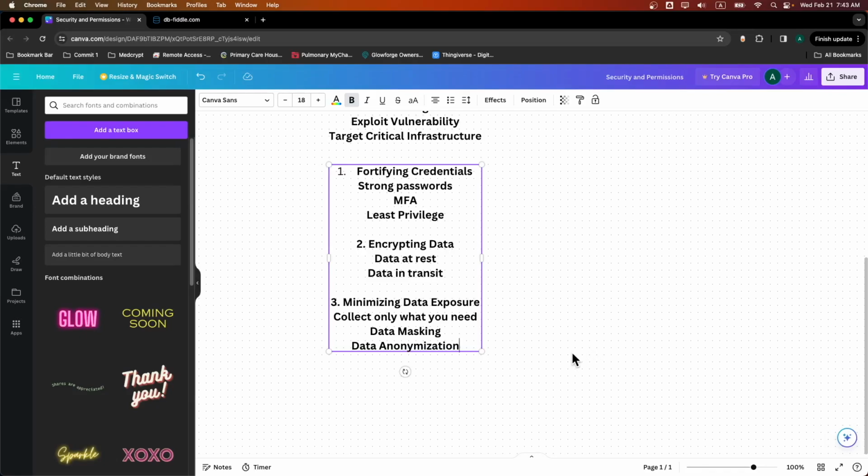So if you are just running some kind of reports or doing some data analysis, you should remove or mask the personal information.